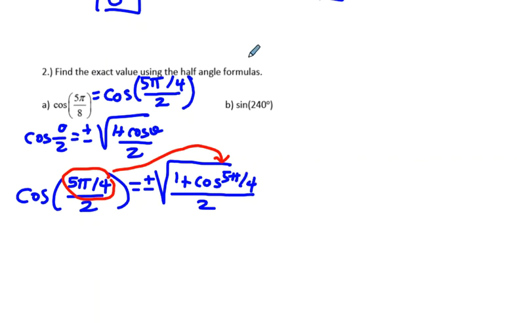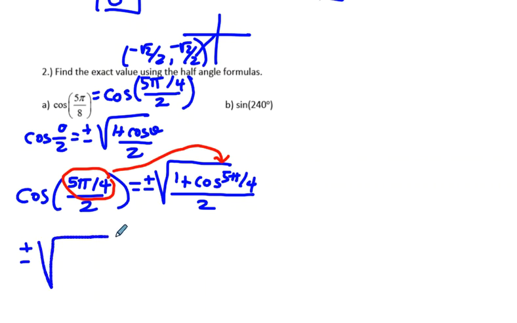Alright, so cosine 5 pi over 4, think about your unit circle. You're right here. Your x is negative root 2 over 2 and your y is negative root 2 over 2. So negative root 2 over 2 is the number that's going to go right here. One plus negative root 2 over 2, so minus root 2 over 2 over 2.